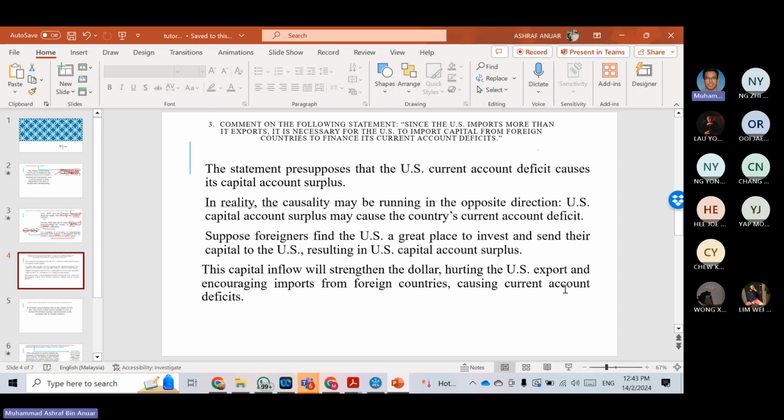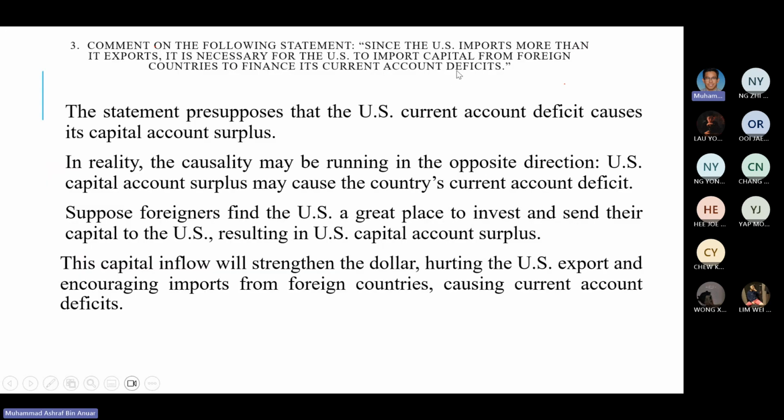Since the US imports more than it exports, it is necessary for the US to import capital from foreign countries to finance its current account deficits. So it means they buy a lot of products or services from other countries and they are having a deficit. So they ask you to comment.